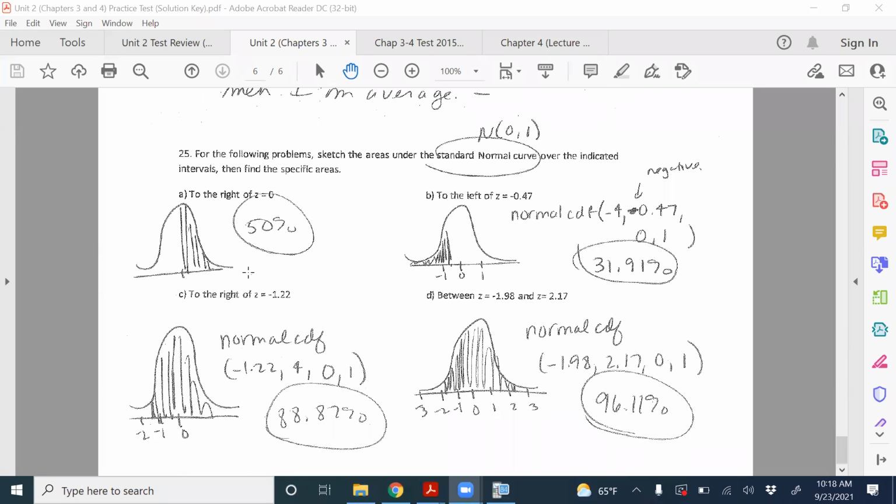And lastly, for this here, to derive Z equals 0, that's 50%. To the left of Z equals negative 0.47, you can use your calculator for this. What you could do is assume, when you have Z-scores, that mu is 0 and sigma is 1 because it's standardized.